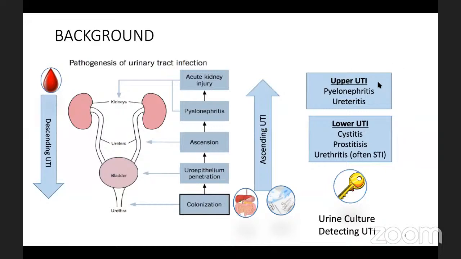Now, so we have 2 forms, the upper UTI, which is the pyelonephritis and the ureteritis, or the lower UTI, which is the cystitis or prostatitis in male, and then urethritis. Often it is caused by sexually transmitted disease. The key to diagnose urinary tract infections, cystitis, pyelonephritis, urethritis is urine culture.